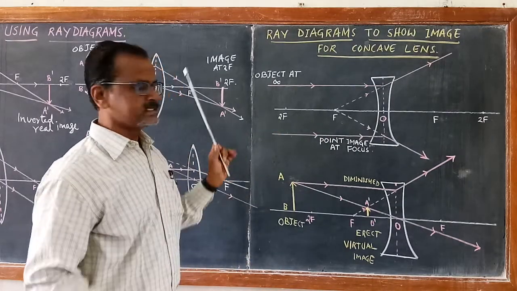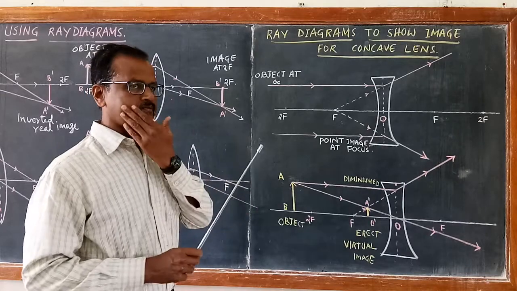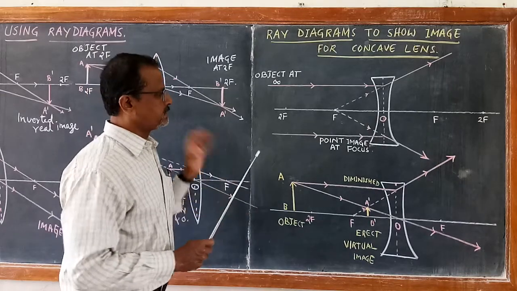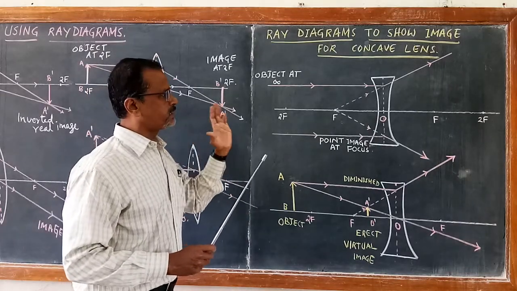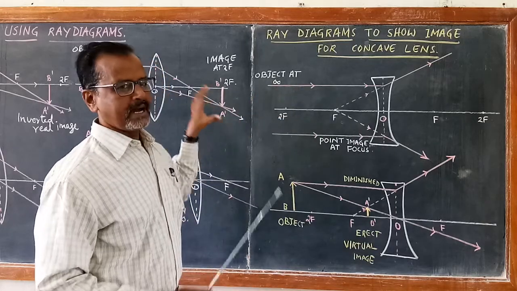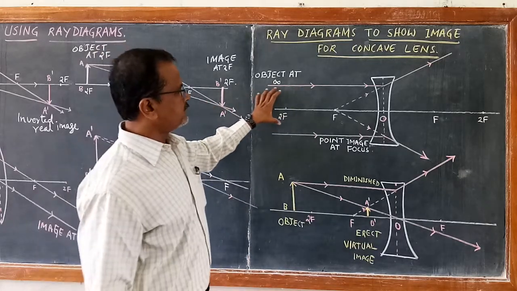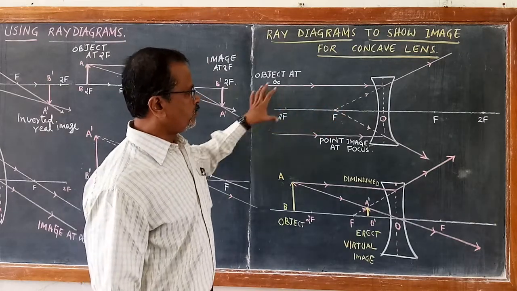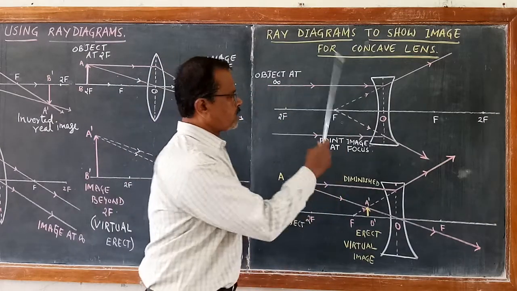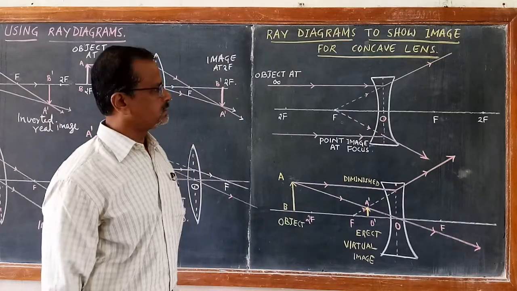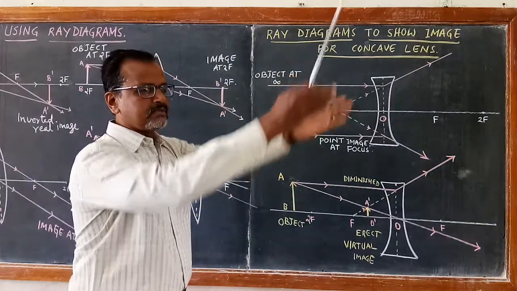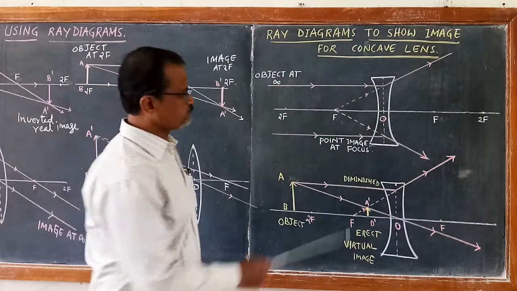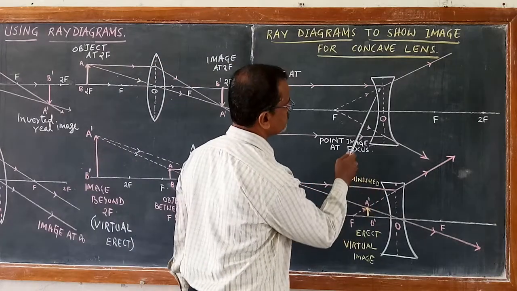Now when the object is far away at infinity, the rays falling from the object are parallel. When such a parallel beam of light, parallel to the principal axis, is incident on a concave lens, divergence of the beam takes place.